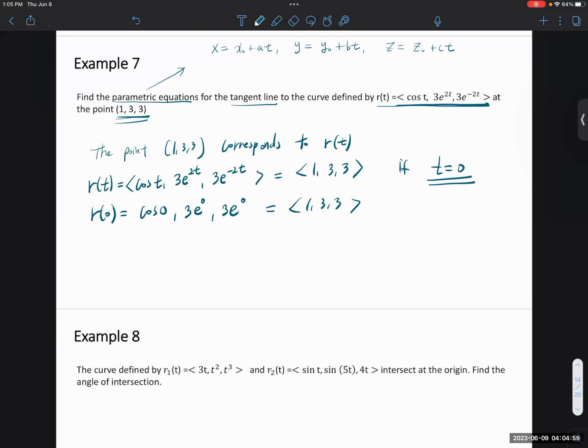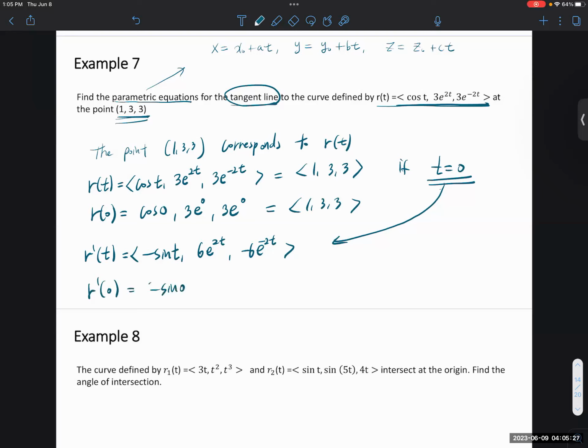Now we need to find r prime to find the tangent line. So take the derivative. r prime: the cosine becomes negative sine t, and then it is going to be 6e to the 2t, negative 6e to the negative 2t. So this is r prime. When t equals 0, let's find r prime of 0.